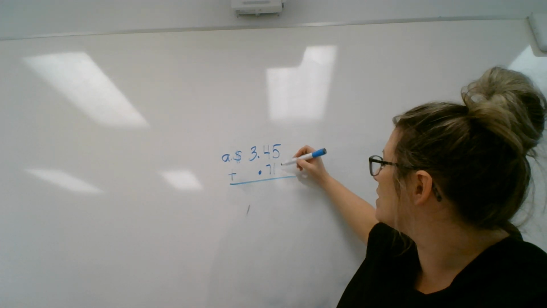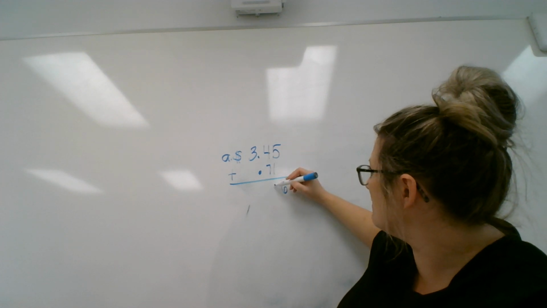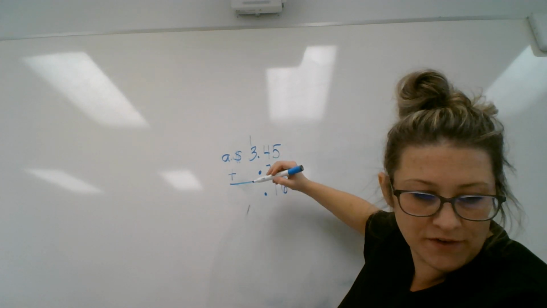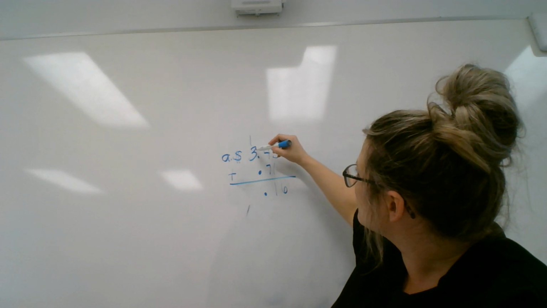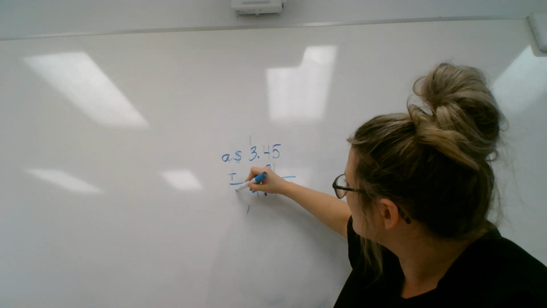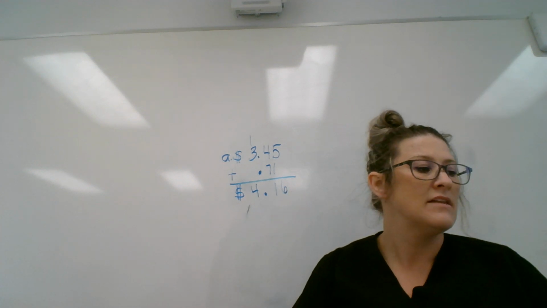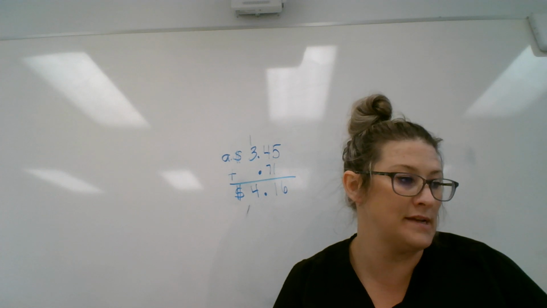Okay, 5 plus 1, 6, 4 plus 7, 11. So 1 down, carry the 1. Don't forget to put that decimal down. That's very important. 3 plus 1 is 4. So $4.16. That's how much person A spent.